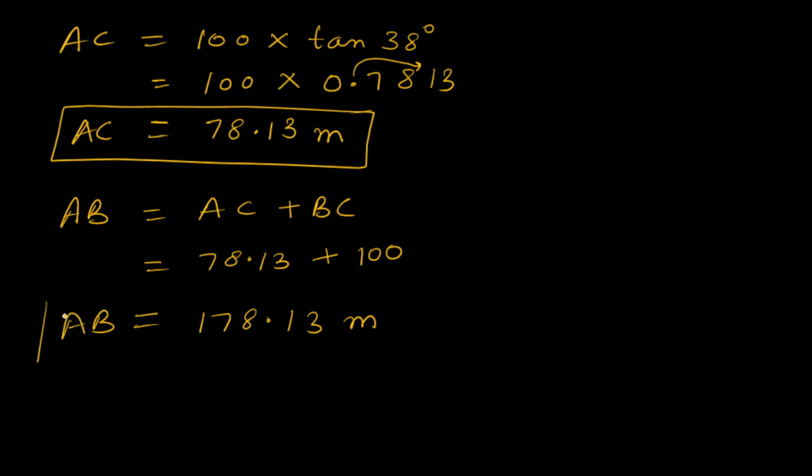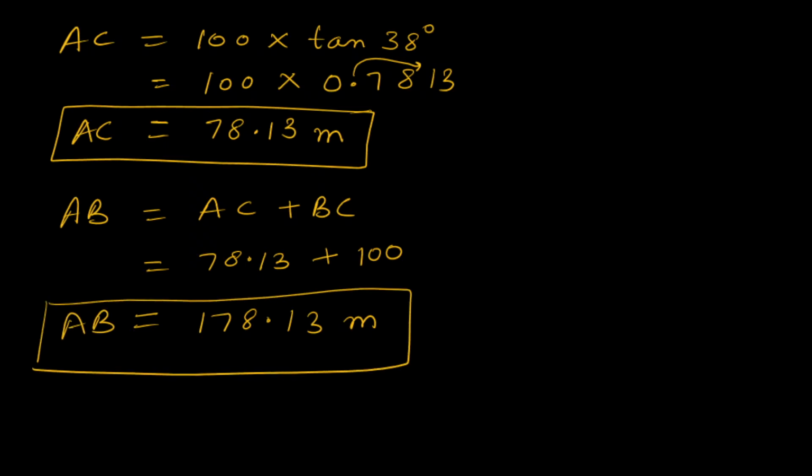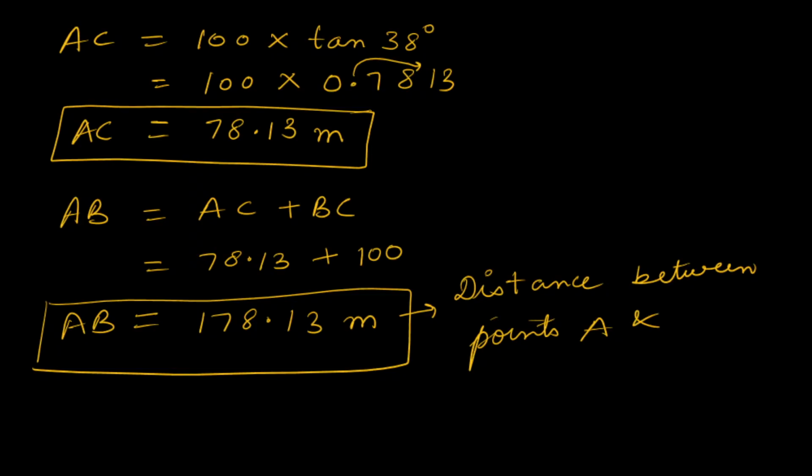So AB, the distance between points A and B, is 178.13 meters. This you have to write: the distance between points A and B is 178.13 meters. Make sure you are writing this conclusion.